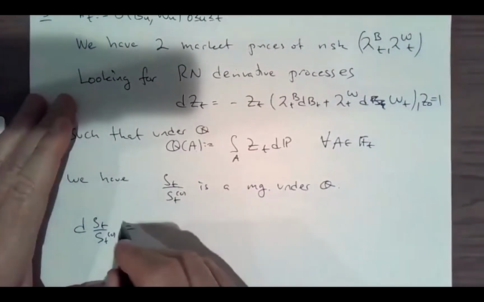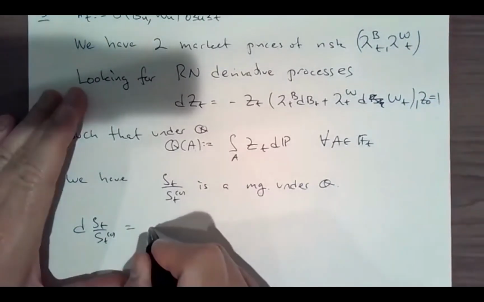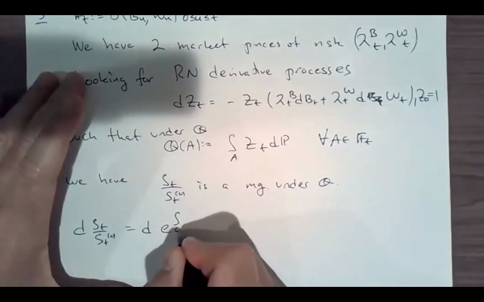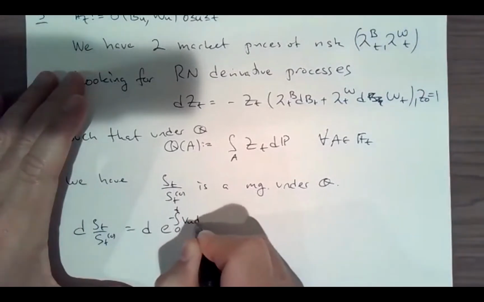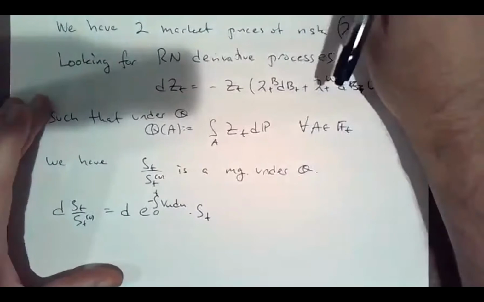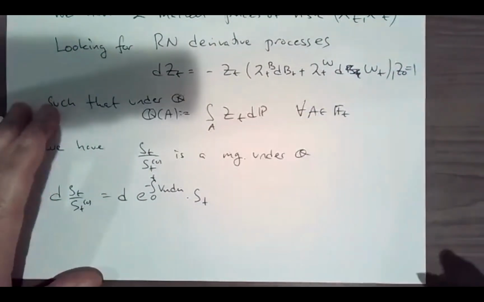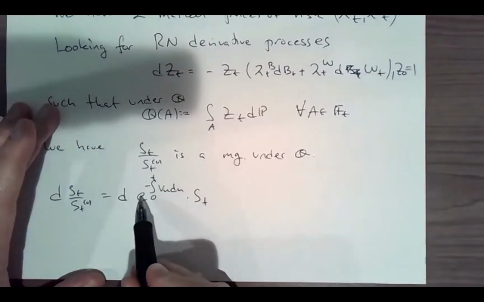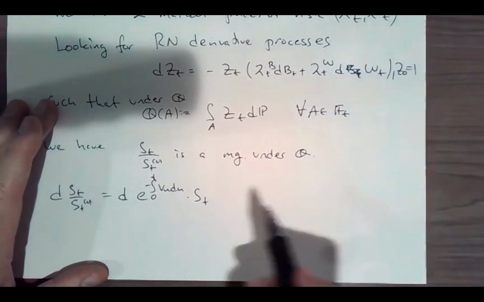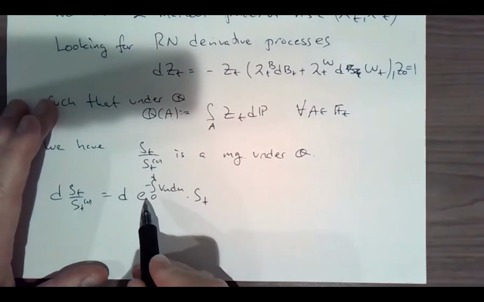I know what St0 is because we did that in the beginning. This was the exponential of the integral from 0 to t of minus vu du, times St. Here there's no Brownian motion. So when we apply the product rule, normally we get 3 terms, but we only get 2 here because there's no Brownian motion in the first part.